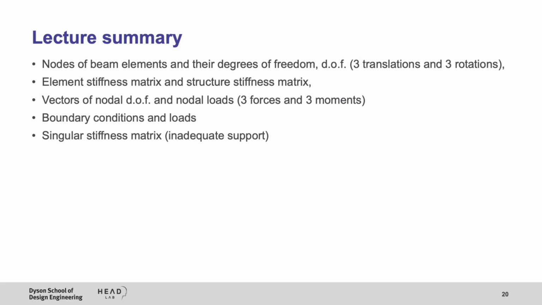We have learned what are the boundary conditions and loads that can be applied to beam elements. And we have also found one of the problems that we can face, which is singular stiffness matrix. This is related to inadequate support. So next time you have this problem, you should make sure that your structure is well supported. And it is not a mechanism. It has to be in static equilibrium.